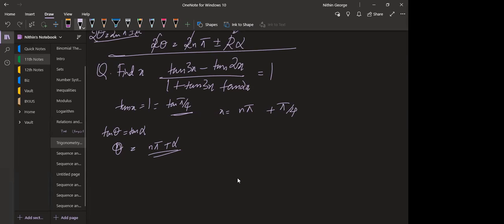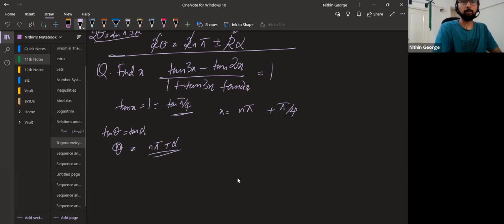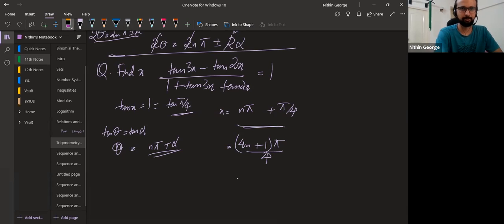Did you get this? Yes, sir. All right. So now my solution will be x equal to n pi plus pi by 4, which will be (4n plus 1) pi by 4. This is too fancy. This is not required. This looks simple enough, n pi plus pi by 4.